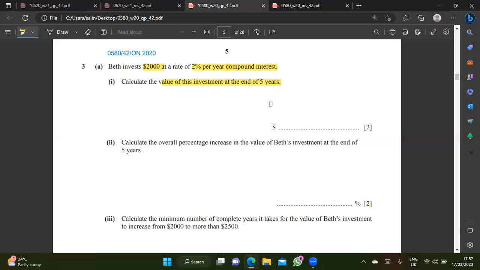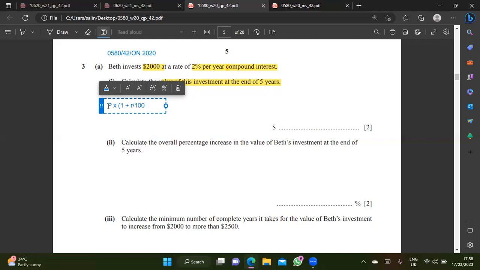Okay. First of all, let's try to remember what your formula is for this. The formula is your principal multiplied by, you can put it inside a bracket, 1 plus your R divided by 100.